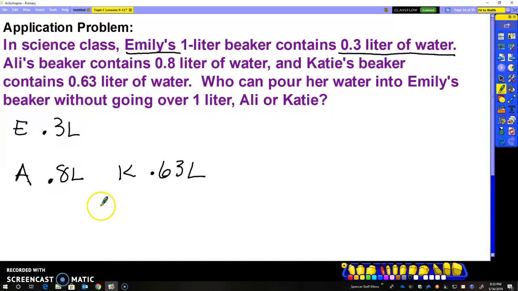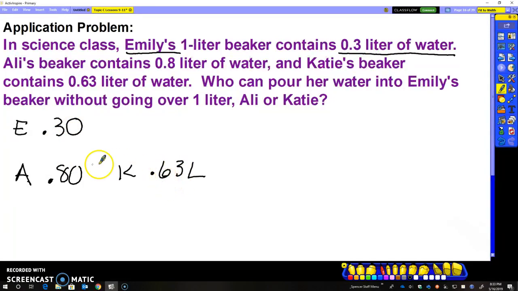Okay, so if I want to think about all of these in hundredths, what I might do actually is get rid of my liters for a second. I might go ahead and put the 0 in the hundredths place, because I know when I have 8/10, I really have 80 hundredths. And when I have 3/10, I have 30 hundredths. Okay, that's what we've been working on the past couple days.